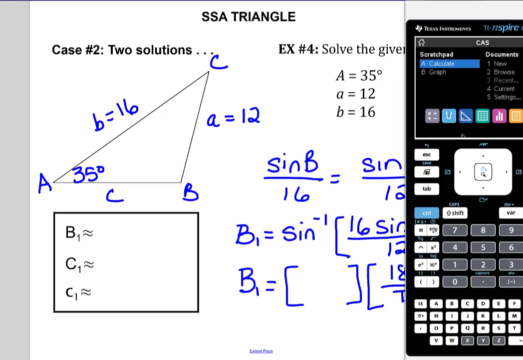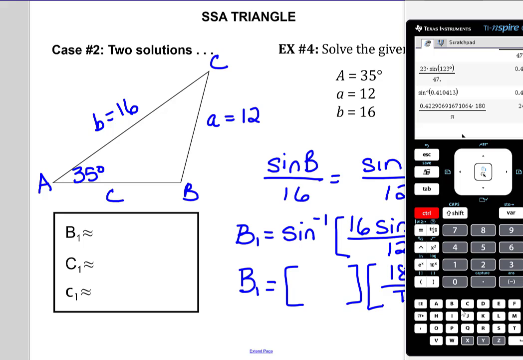Okay, so clear that off, and we're doing the inverse because we want the angle measurement, and we need 16, I'm going to put a decimal there, times the sine of 35 degrees divided by 12, and that's 0.87062, so I want to multiply that times 180 divided by pi.